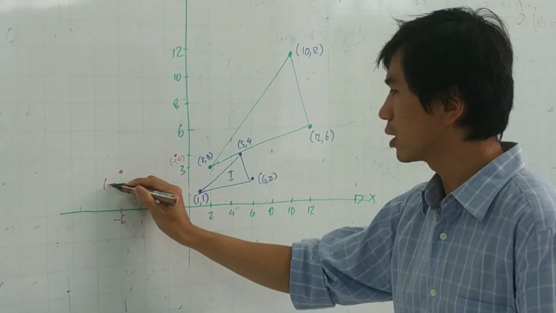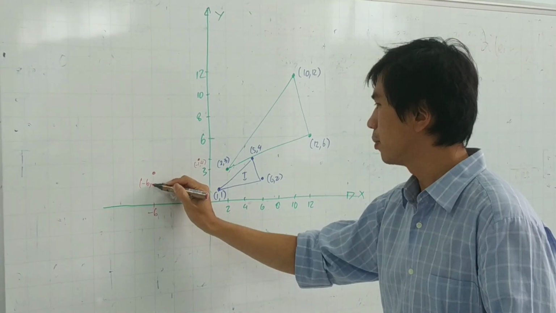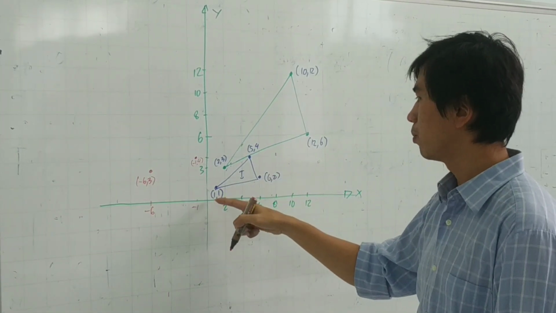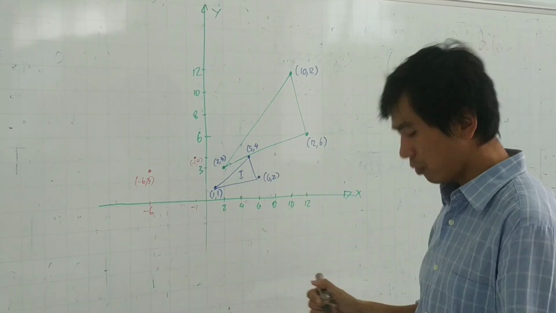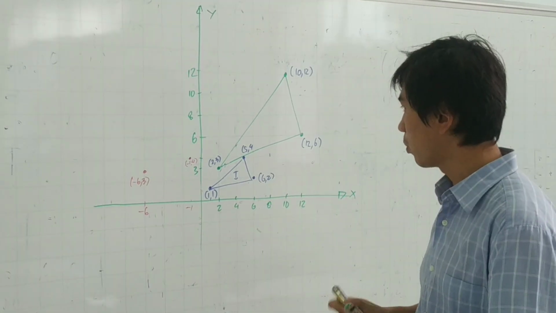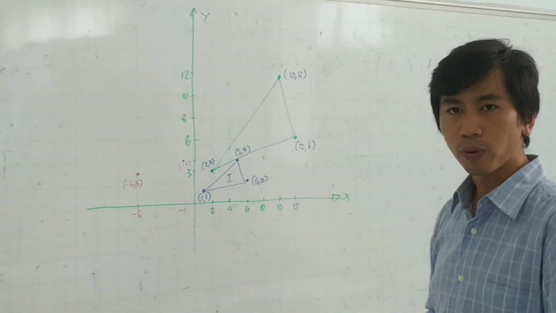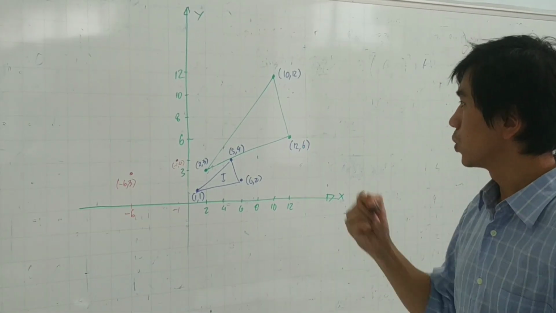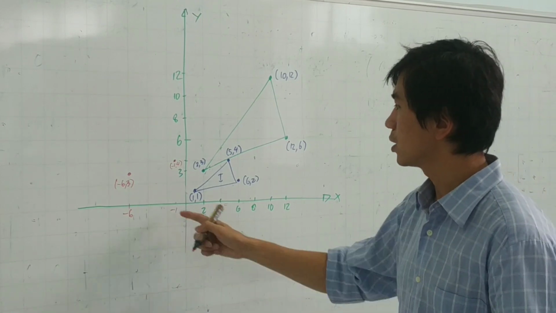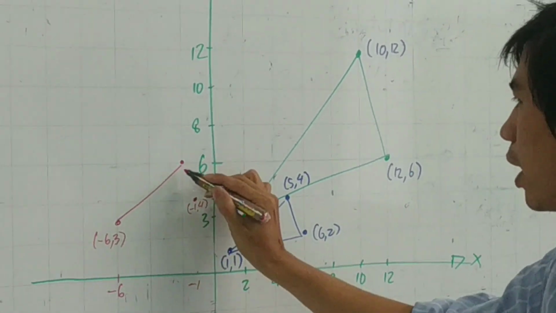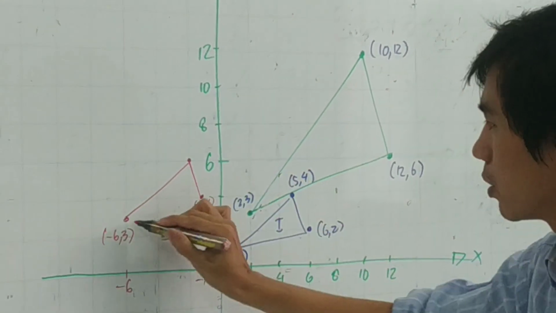This one is negative 6 comma 3. And then the last one, which is 5 comma 4, will be negative 2 comma 6. So it will be over here.